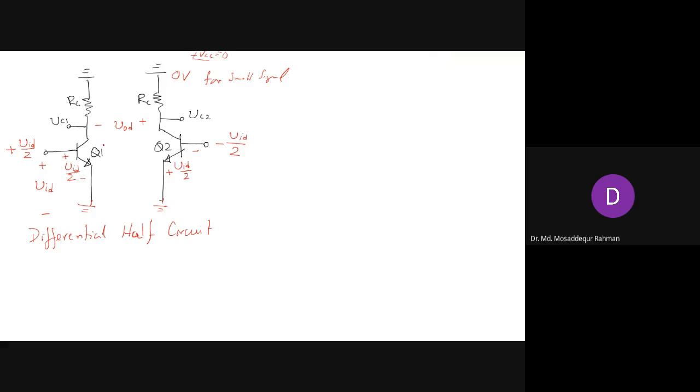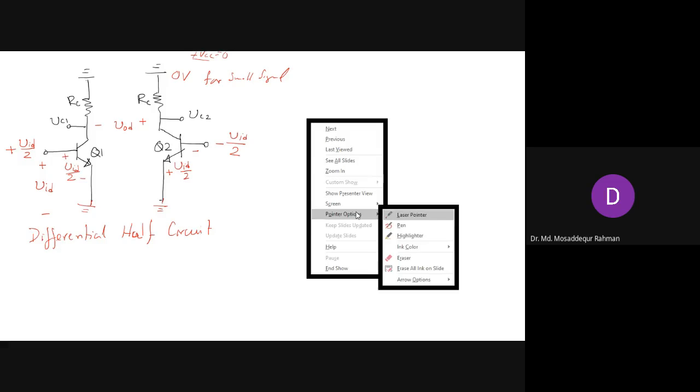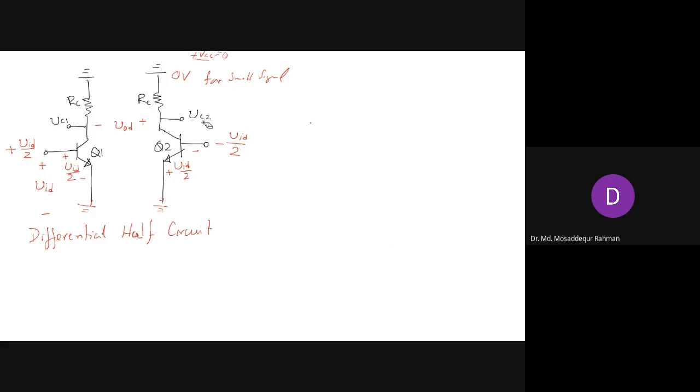And we can use either of the circuits to analyze the different parameters for the amplifier. So let's use this one, the left part of the circuit, to analyze the amplifier.